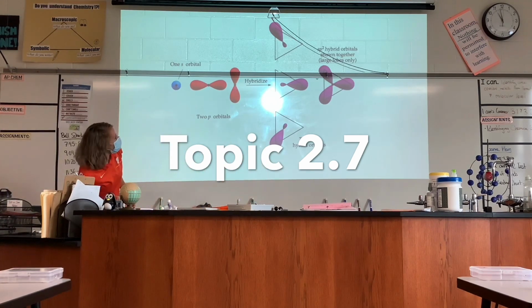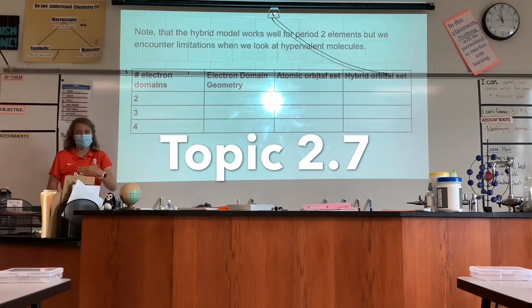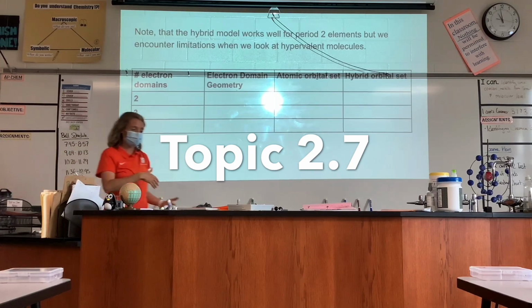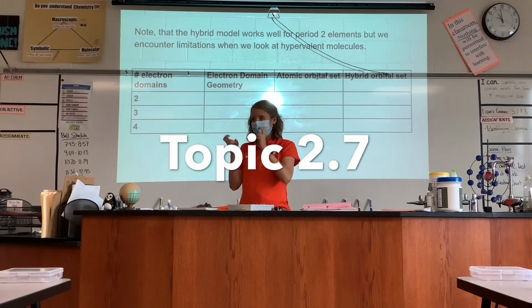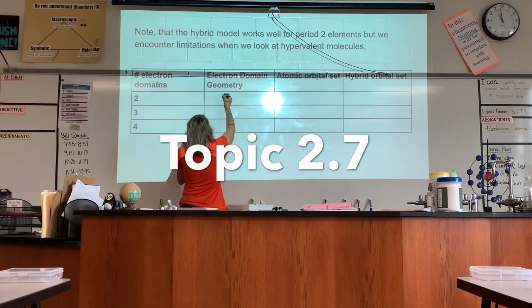So what we need to be able to do is, from a structure, tell what type of hybridization it has. But there's a very simple pattern to do so, and it's simply based off how many domains. Now keep in mind from last time, domains is like how many toothpicks you're using, even if one of those toothpicks is a ghost. If something has 2 domains, we always give it a linear geometry.